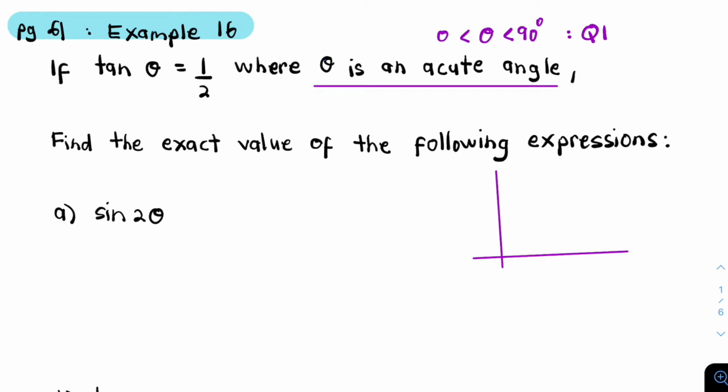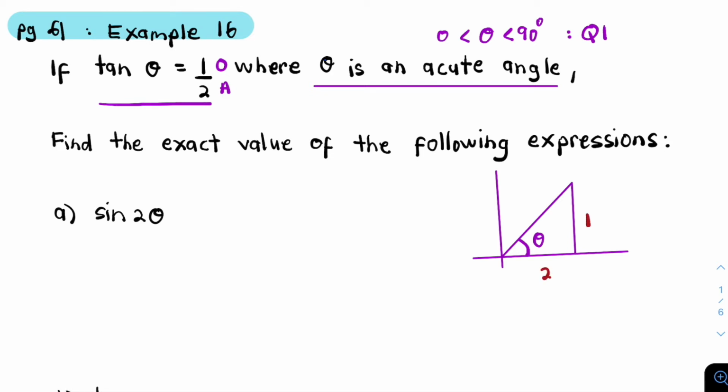So over here you have your triangle, and the angle is theta. You are given tangent theta equivalent to half. For SOHCAHTOA, TOA means 1 over 2 will give you opposite over adjacent, so opposite is 1, adjacent is 2.